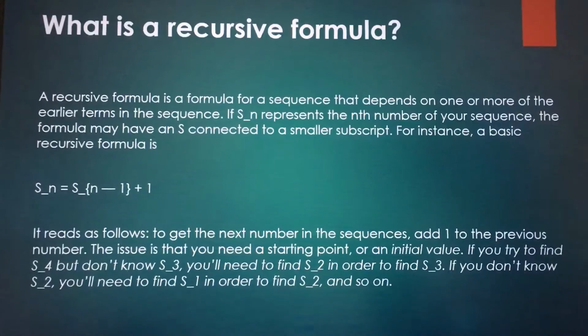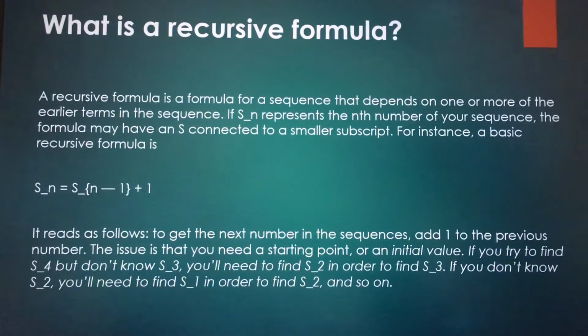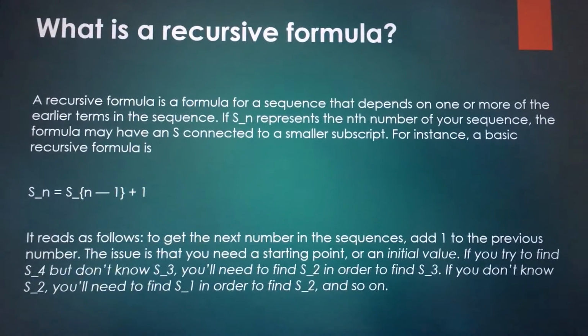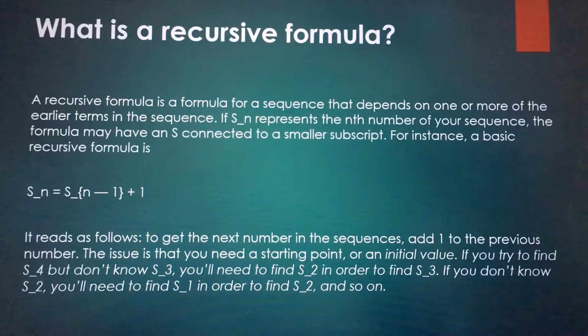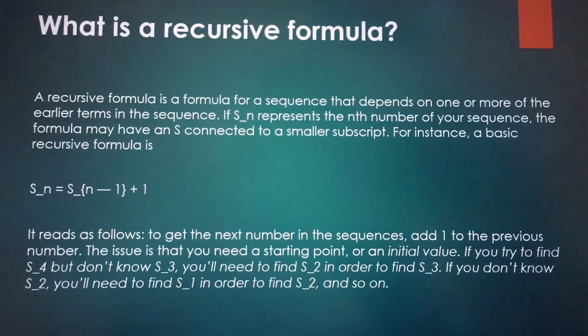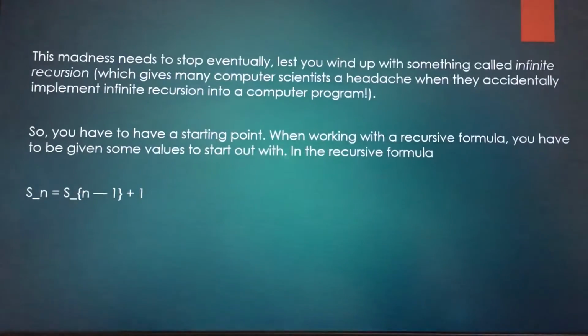If you try to find s_4 but don't know s_3, you will need to find s_2 in order to find s_3. If you don't know s_2, you will need to find s_1 in order to find s_2, and so on.